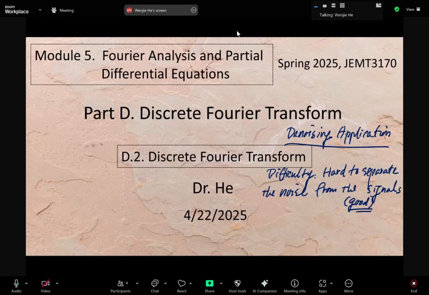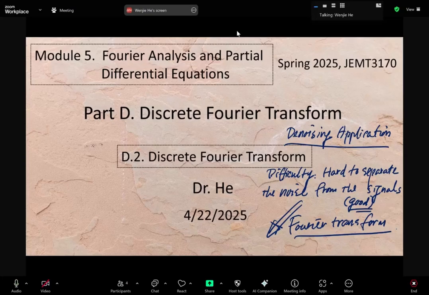Now, after people discovered the Fourier transform tool, this powerful mathematical tool was created. So people apply the Fourier transform on the signal function.